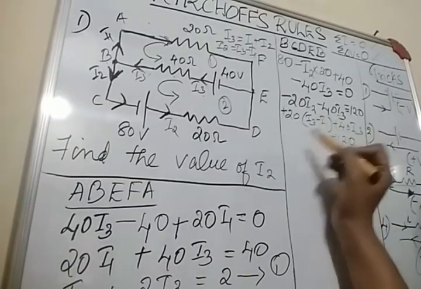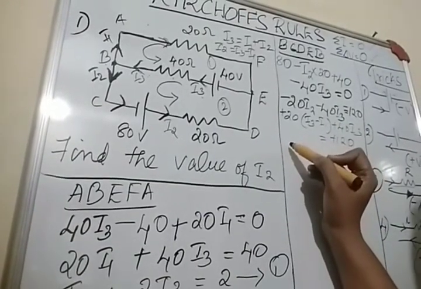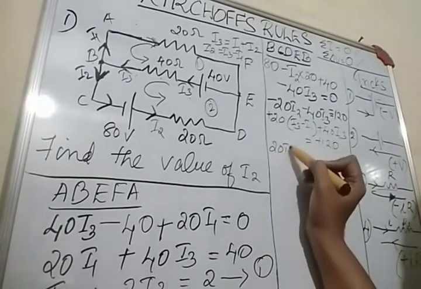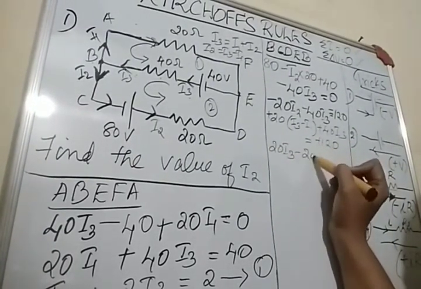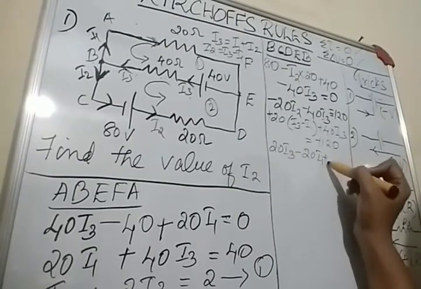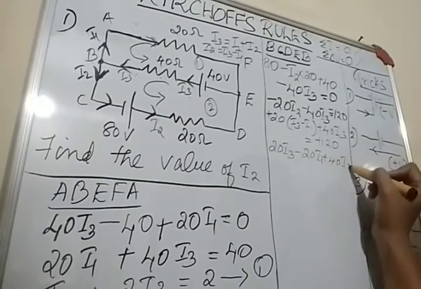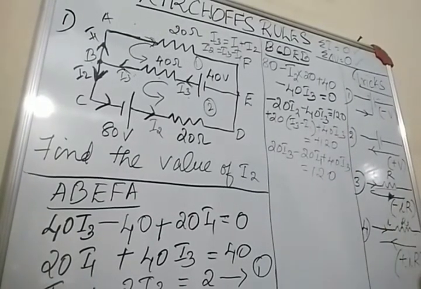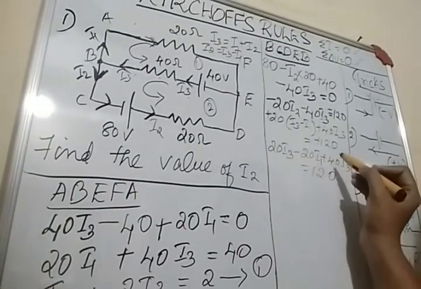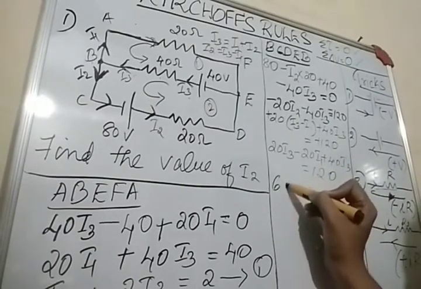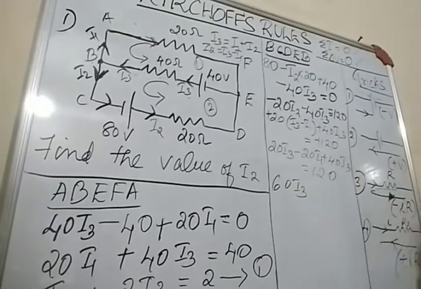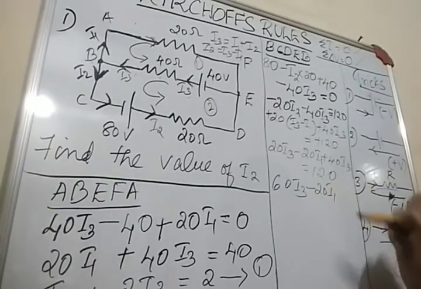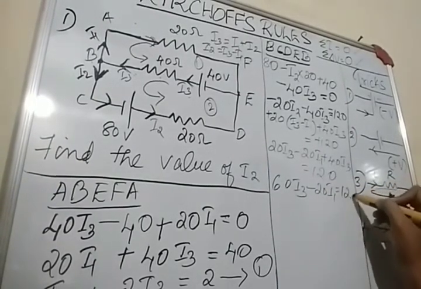Remove the bracket. When you remove the bracket, you will get 20 I3 minus 20 I1 plus 40 I3 equal to 120. Right? Now 20 I3 plus 40 I3, it is 60 I3 minus 20 I1 equal to 120.